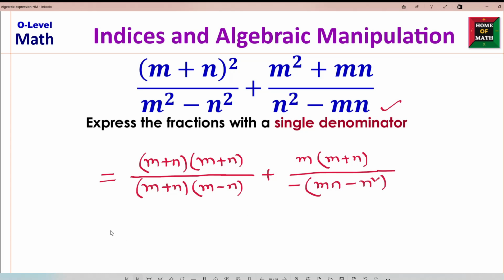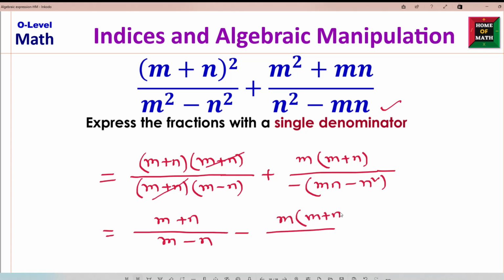Okay, now look, we can cancel m plus n and m plus n. It will become m plus n divided by m minus n, and here this plus and minus become minus, m into m plus n, and here if we take n common, it is m minus n.